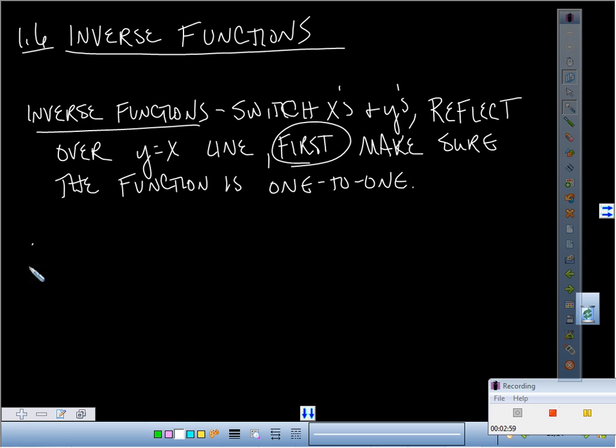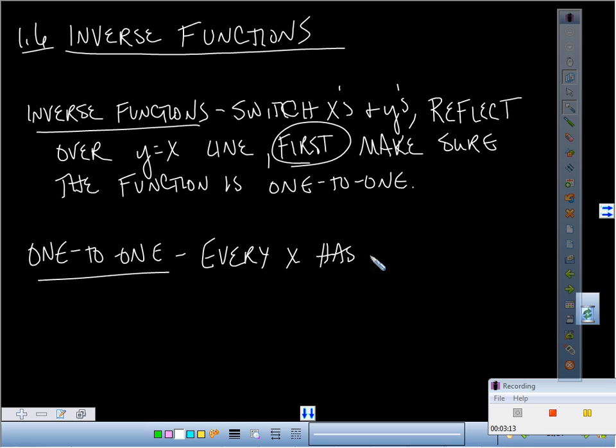Now, what is a 1-to-1 function? Every x has one y. That's what makes it a function. And to be able to have an inverse, every y has one x.